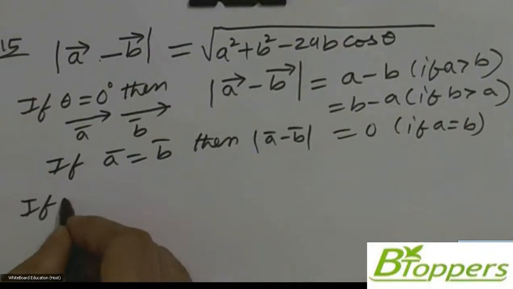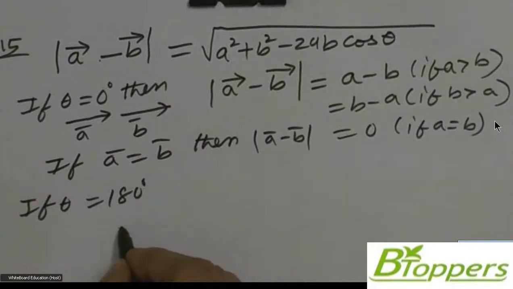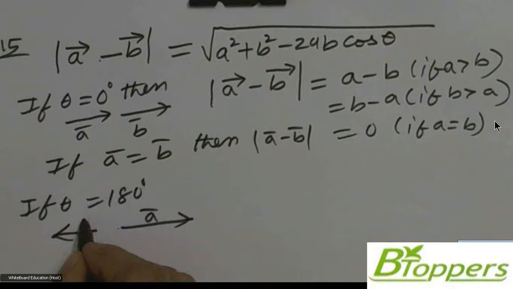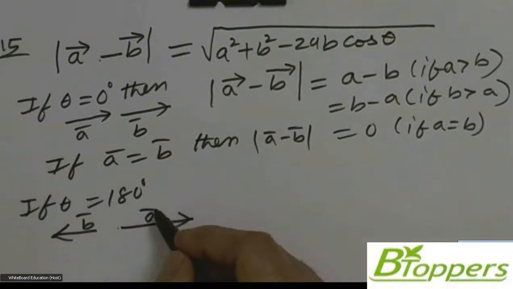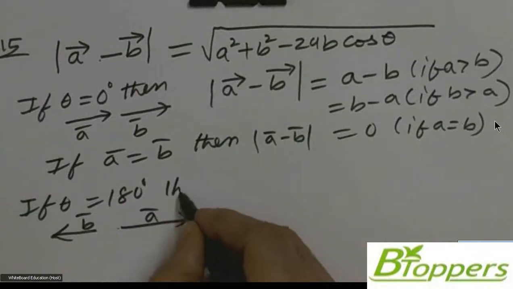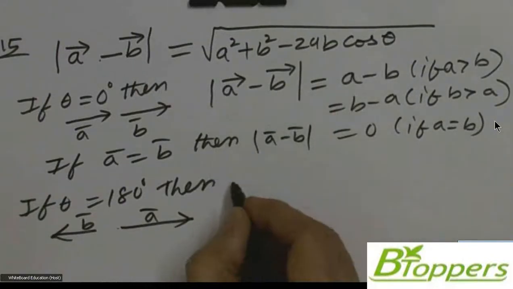Now if the two vectors a bar and b bar act in opposite directions, then angle theta between a bar and b bar will be 180 degrees. So substitute theta equal to 180 degrees in the equation here.